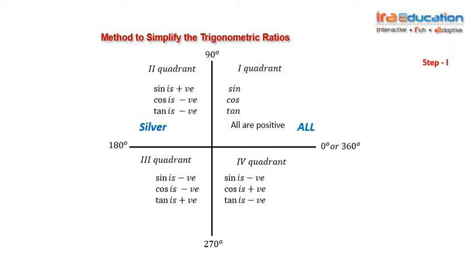In third quadrant only tan is positive, or T is positive. For our convenience, we will name it as T. In fourth quadrant only cos is positive, or C is positive. For our convenience, we will name it as cos.